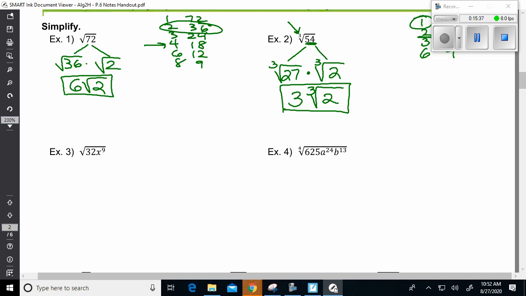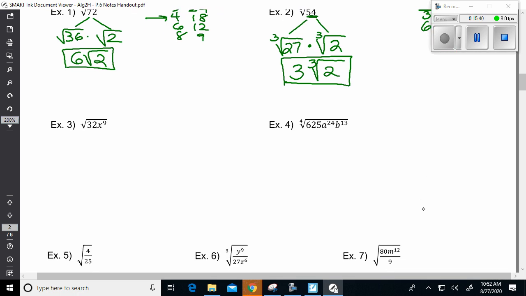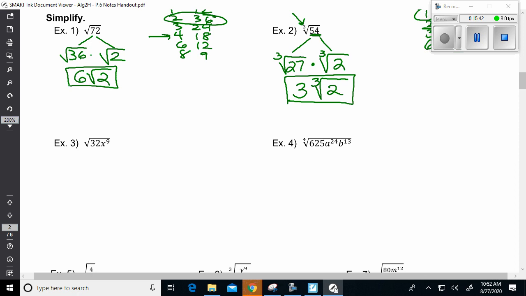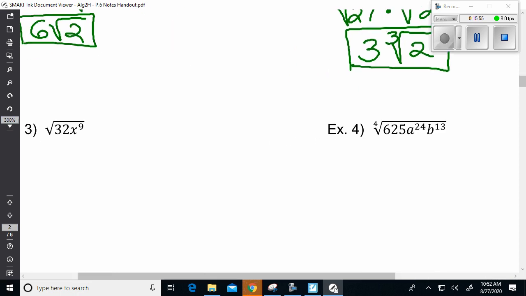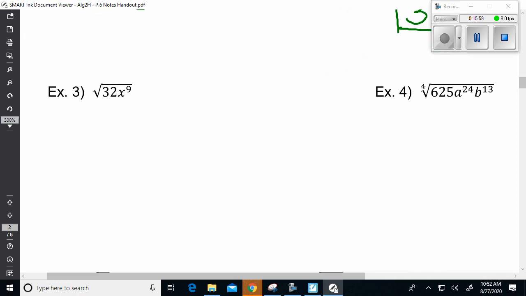All right, so now let's bring variables into the mix. Example 3. We have 32x to the 9th power. First we'll take care of the number before we take care of the variables. 32 breaks up into 16 times 2.